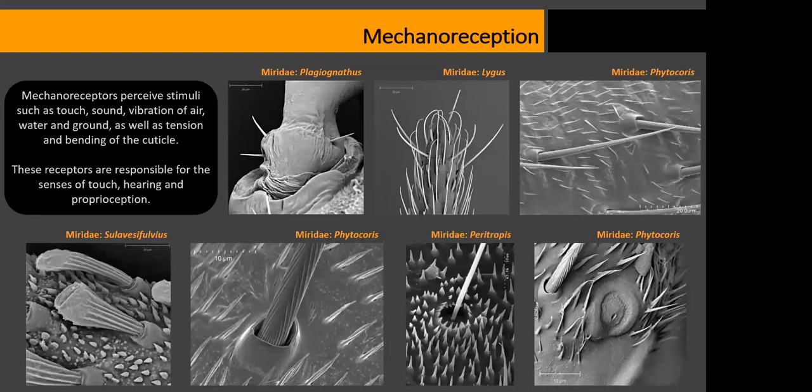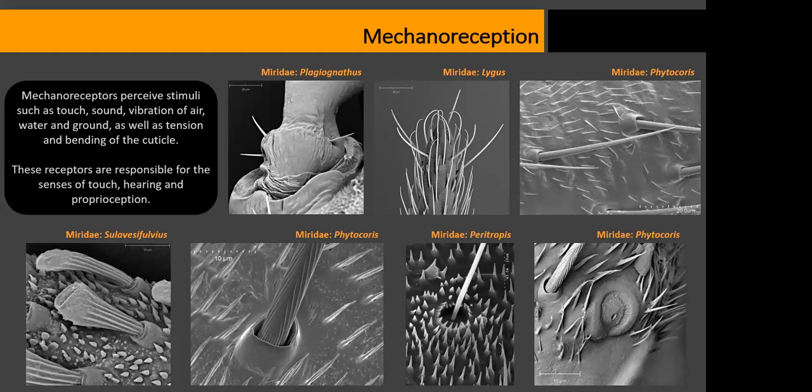Most of the large sensilla on the insect's body are mechanoreceptors. These receptors can perceive mechanical stimuli such as touch, sound, vibration of air, water, and ground, as well as tension or bending of the cuticle. So they are responsible for the sense of touch, hearing, and proprioception.